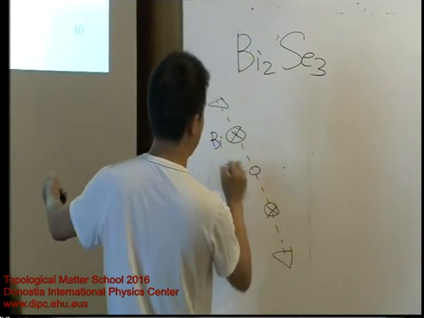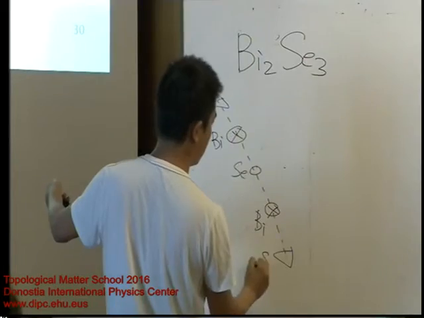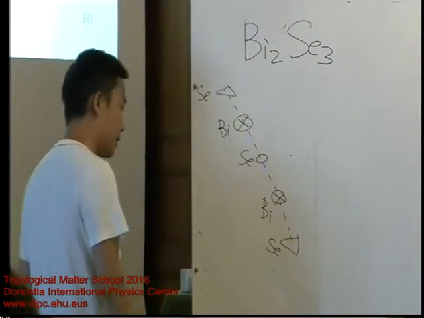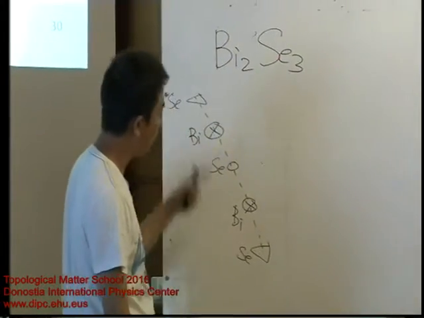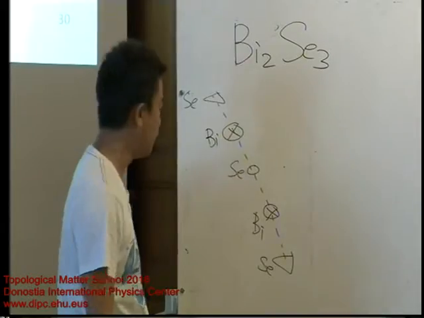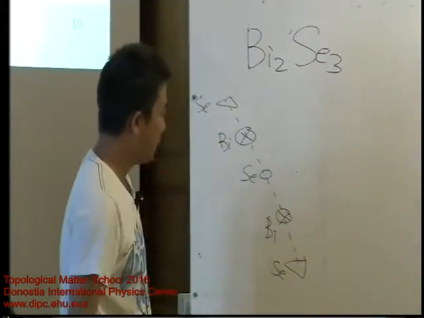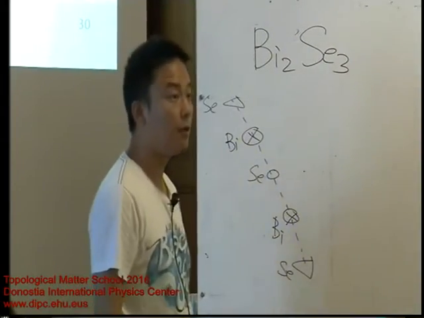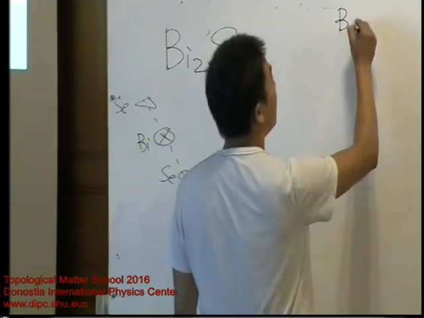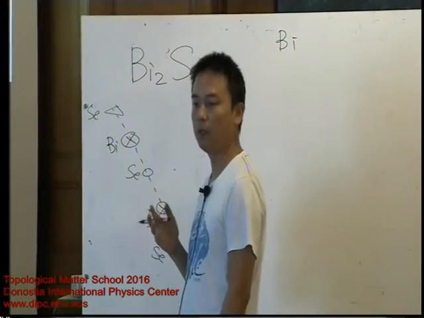This one, bismuth, selenium. This only happens in one layer. And actually one primitive unit cell also includes just 2 bismuth and 3 selenium. Then let's think about its band structure, how it could look. Actually, bismuth, at the atomic level, has its 6p orbital.